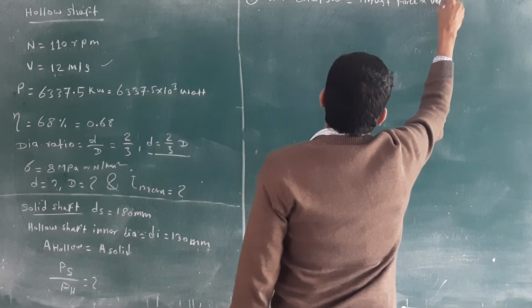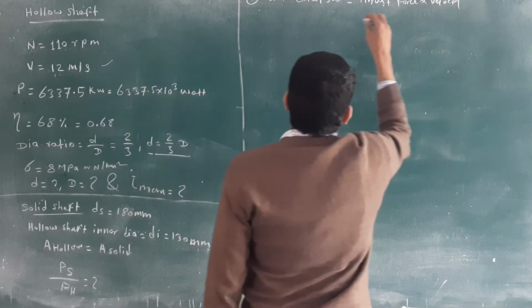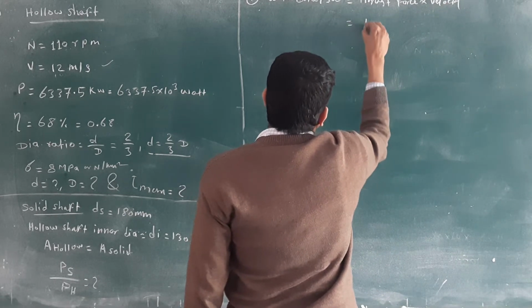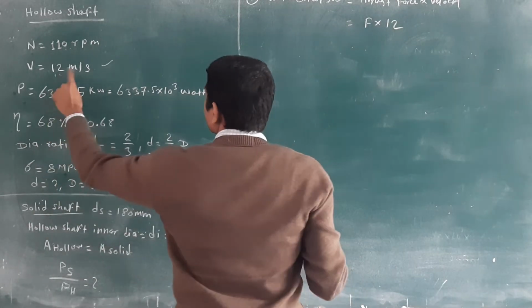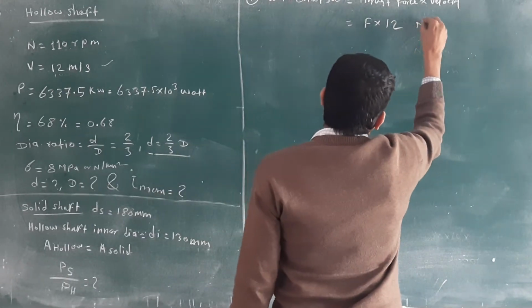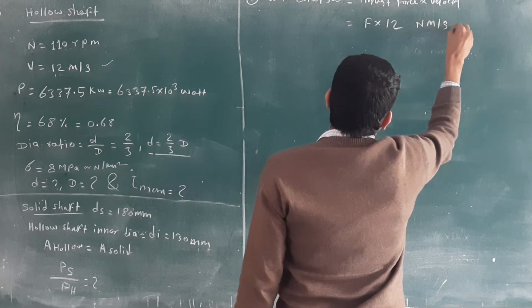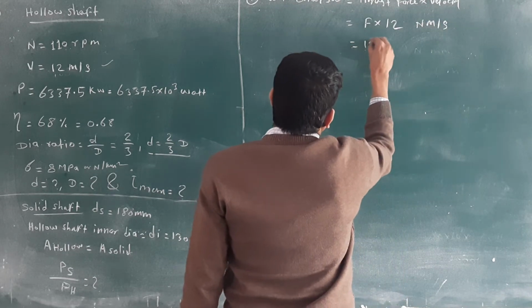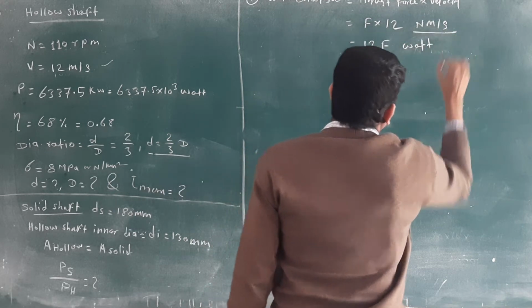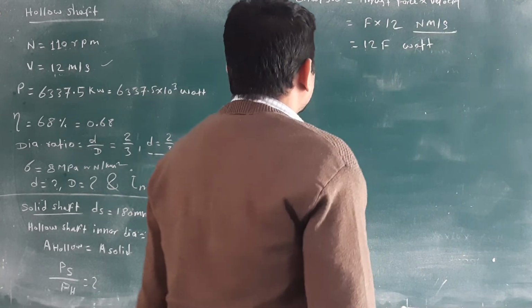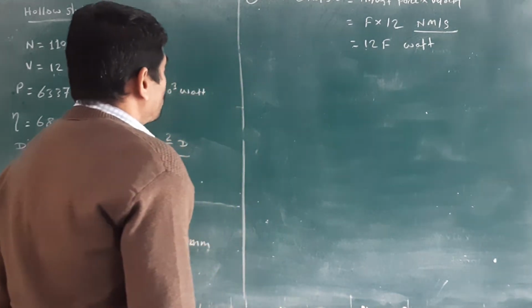Thrust force into velocity. What is the thrust force? It is denoted by F. What is the velocity given? 12 meter per second. What is the unit? Newton meter per second. This is known as watt. Okay. 1 watt is equal to Newton meter per second. Remember that. This is the first step.